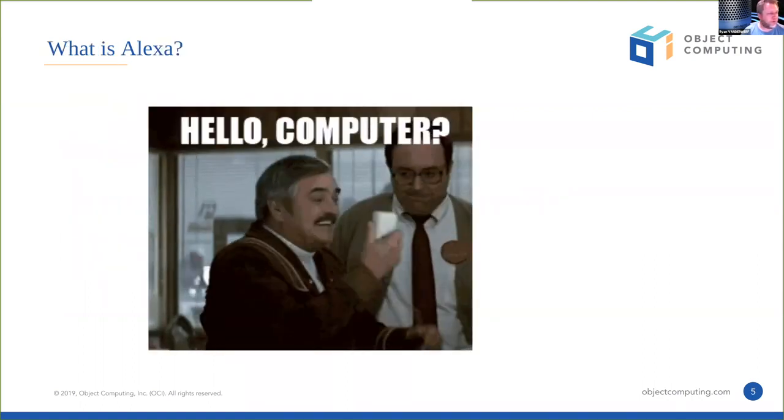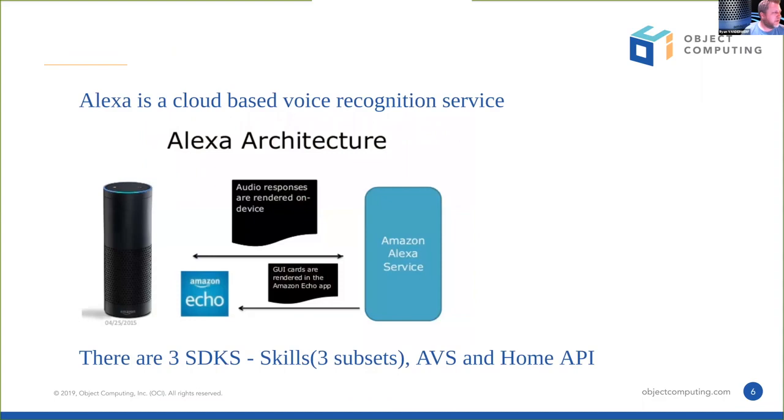All right, so what is Alexa? Basically, Alexa is a cloud-based voice recognition service. So this is basically what the architecture is here. We basically say something on our device, and it will go to the Amazon Alexa service. The device doesn't really have any smarts in it, and then that's going to process whatever you're saying and then send you a response back in two forms.